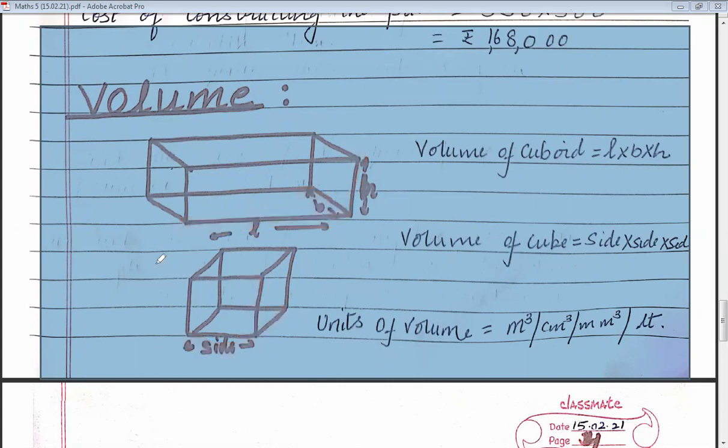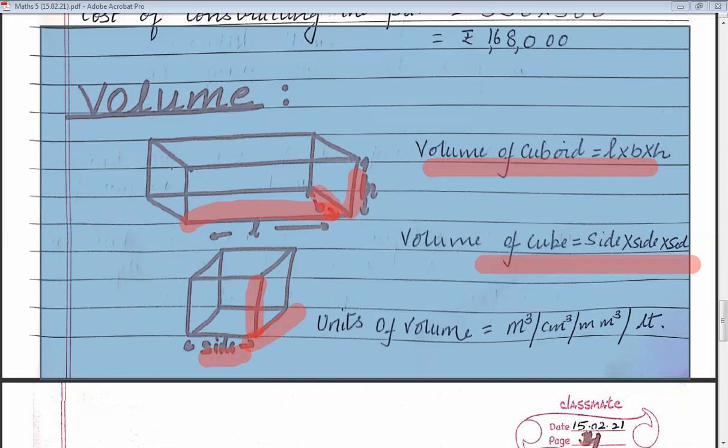The formula to find the volume of a cuboid is L into B into H. L is length, B is breadth, and H is height. Okay, L into B into H. And the volume of a cube is side multiplied by side multiplied by side. So these two are the formulas to find the volume of a cuboid and a cube.